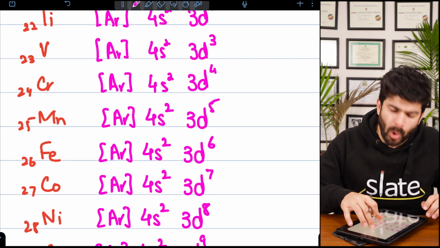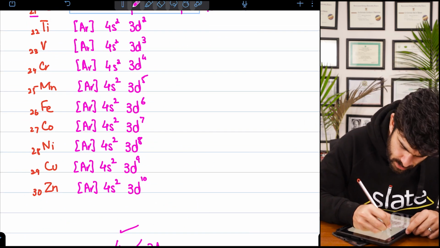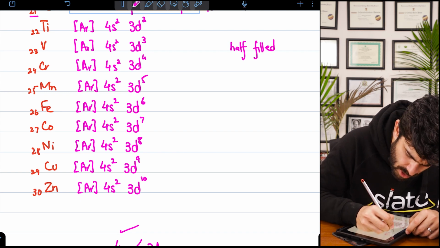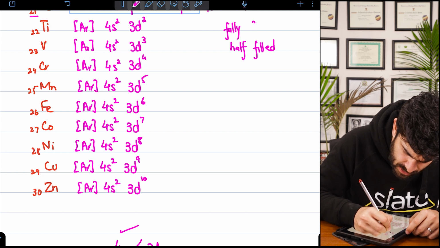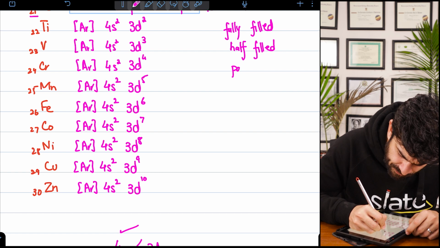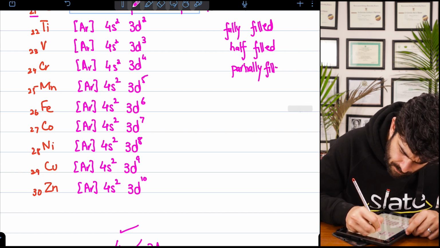there is a special property, if you remember from AS, about the half filled, fully filled, and partially filled subshell.